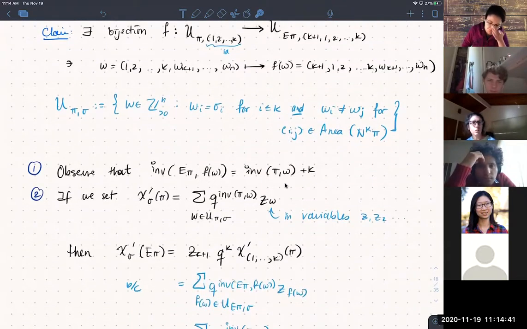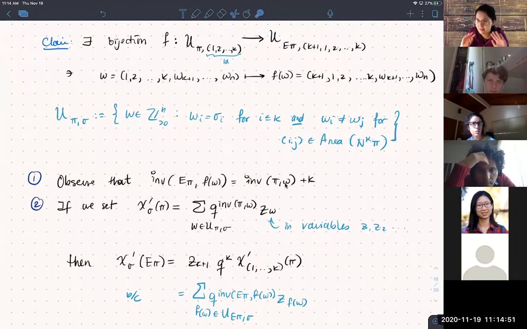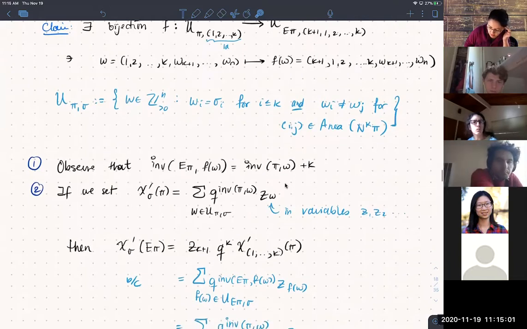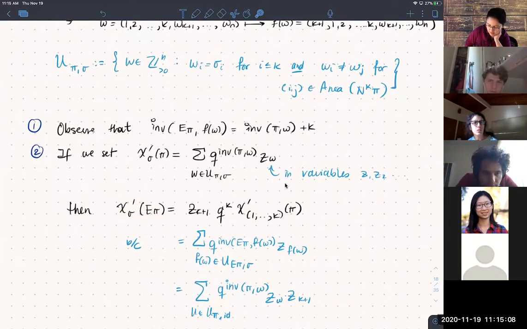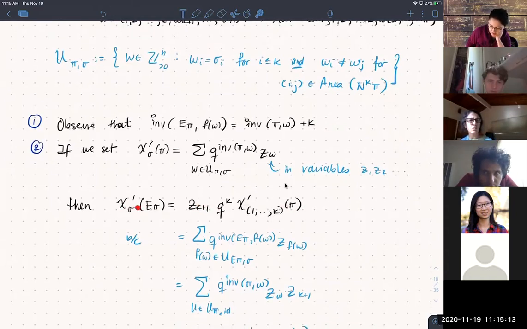So if we take our chi prime sigma pi, right, the symmetric function we had defined before, and here I'm going to label my variables by z_i for technical reasons that will prove useful later. So if we just take our symmetric function here, then if you just go through and run it, and substitute the pi for the e pi, you substitute the individual pieces. So if you just compute this, right, this is equal to this. Why? Well, if you just ignore this line for a second and move to the blue, then this is equal to this, right?